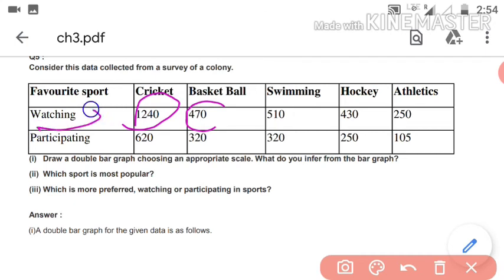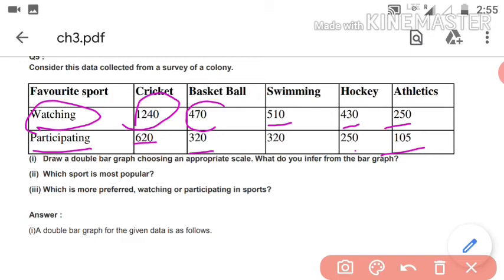For basketball, not for playing, okay, for watching only, 470, then 510, 430, 250. And participating means how many students like to participate: cricket is 620, basketball is 320, swimming is 320, and hockey 250, and athletics 105.